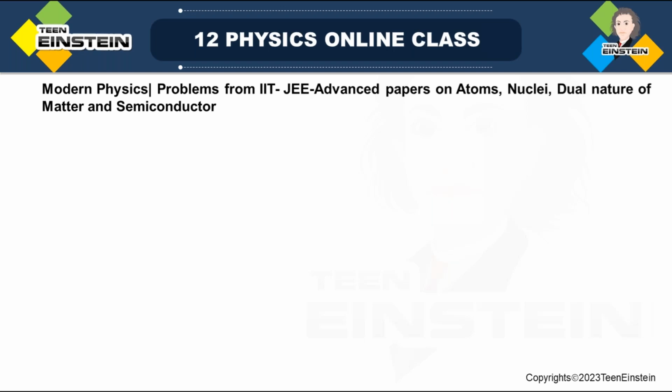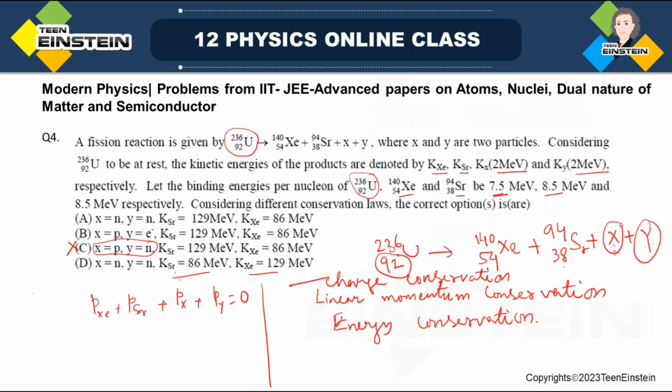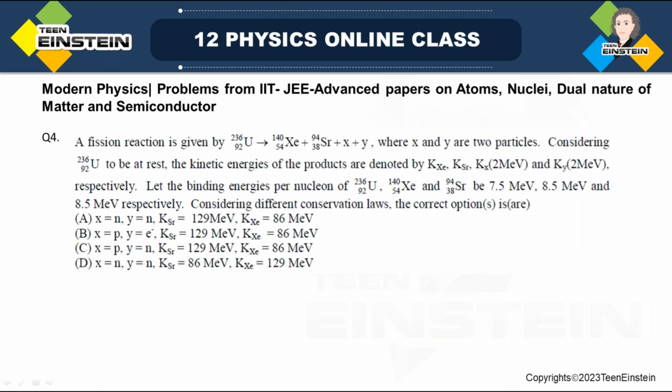First of all, let us see what is the change in the binding energy. Because look here, I'll just clean everything. So the binding energy of uranium is given, and obviously binding energy of uranium per nucleon is less than the other two. That's why it is going to be the most stable in this situation.